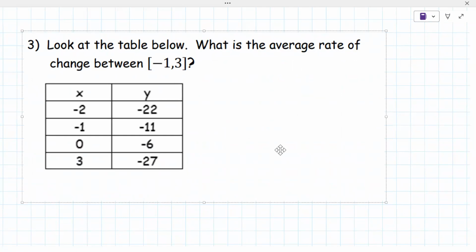-1 and 3. So it would be f of -27 minus f of -11 divided by 3 minus -1. Okay, what is the final answer for all that? Oh, right. I've got to write that down.